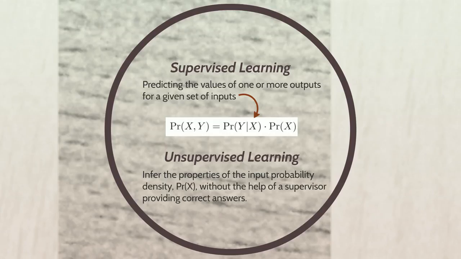Supervised learning was concerned primarily with this probability of y given that we have x. In unsupervised learning, we're going to be strictly looking at the probability density for our inputs x, because we don't really have an output y. We only have one set of inputs x, and we want to infer the properties about that probability density. So again, this is trying to gain knowledge from our data.